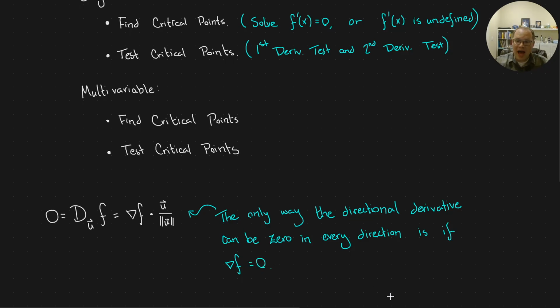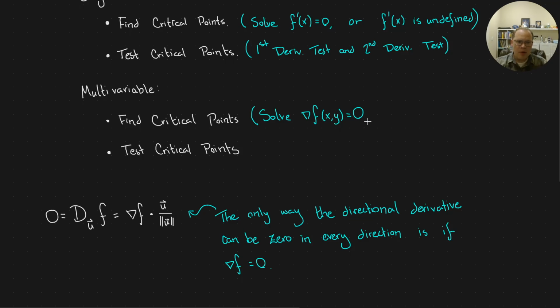So that's going to be how we find our critical points. We need to solve the system of equations where the gradient of f of x, y is equal to 0. We need all pairs of x, y that make this equation true.